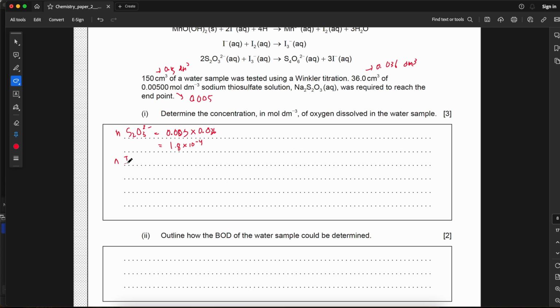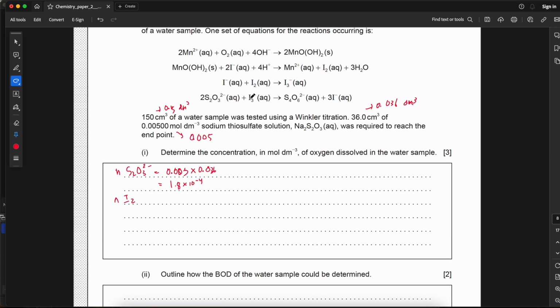And for I2, so we go back up. After thiosulfate, we go to I2. As you can see, I2 is half of the thiosulfate, so that would be half times 1.8 times 10 to the power negative 4, which is 0.00009. And then now we go to the Mn2+.